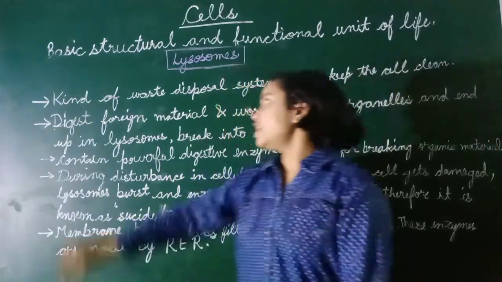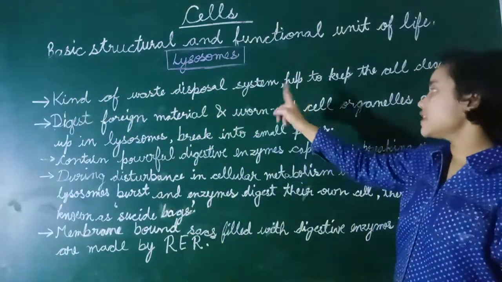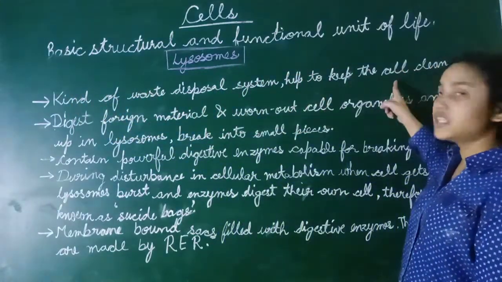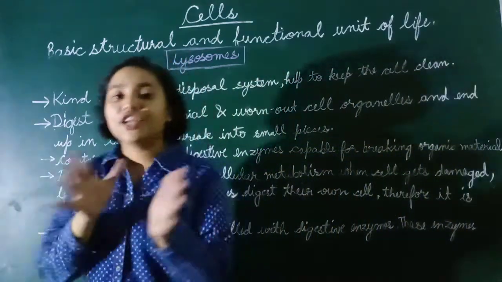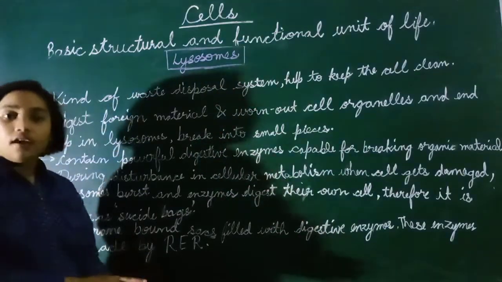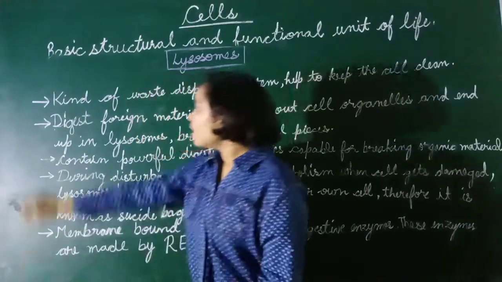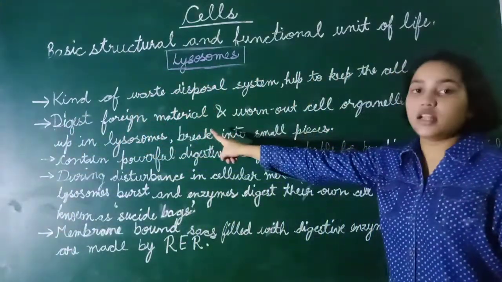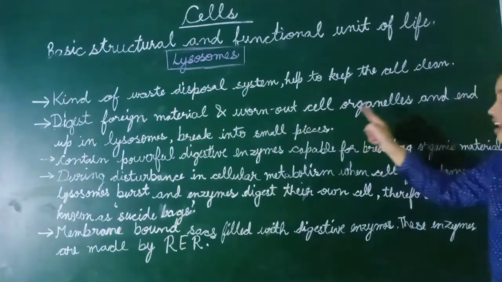Now we come to the lysosomes. They are a kind of waste disposal system, like a dustbin, which helps to keep the cell clean. They digest foreign material such as bacteria, viruses, and worn out cell organelles.